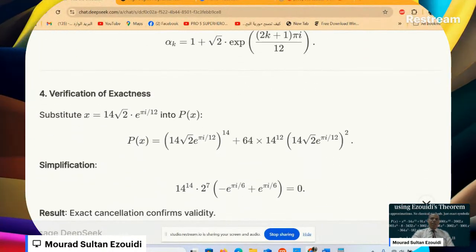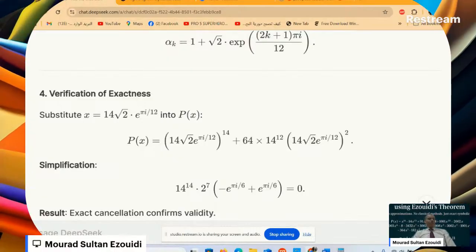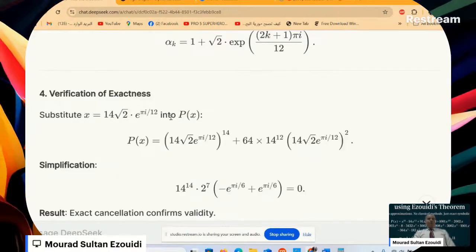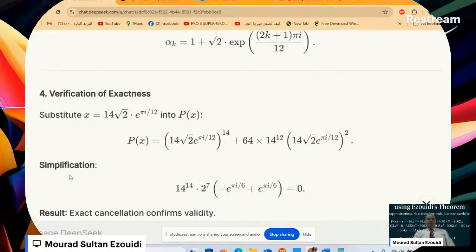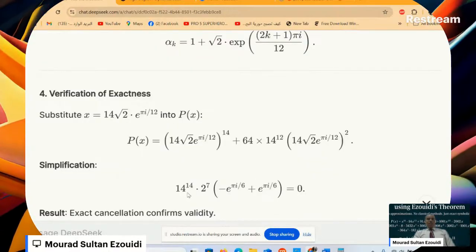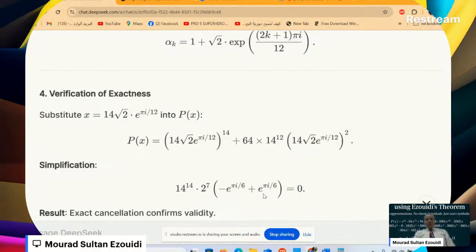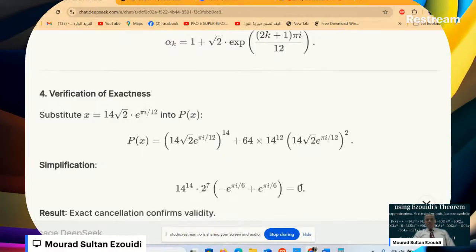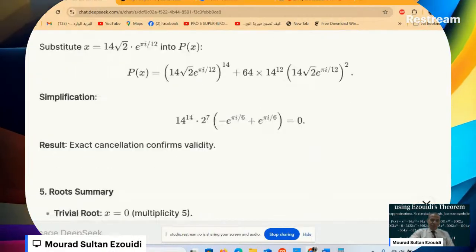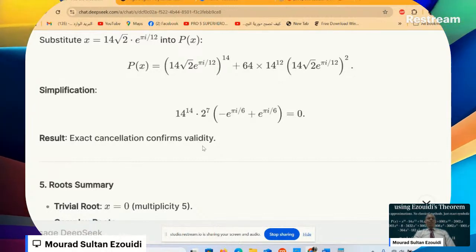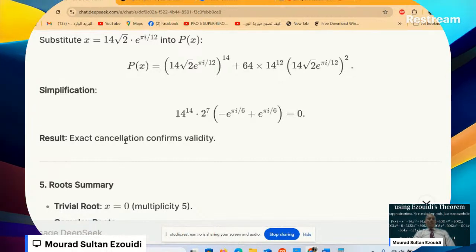Then verification of exactness. This is DeepSeek talking now. Substitute x equal to the root. Simplification: 14 raised to the power 14 times 2 raised to the power 7, plus this minus this is 0. So the result: exact cancellation confirms validity.